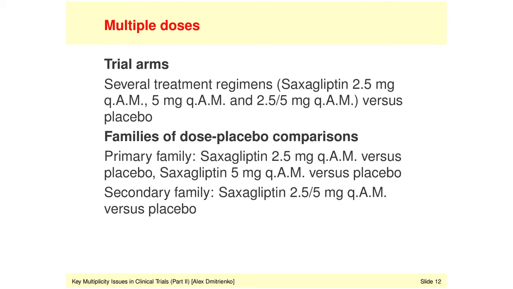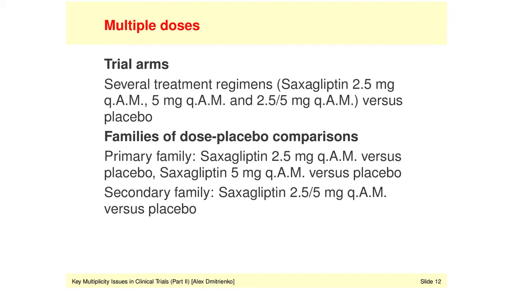Titration of saxagliptin, as you can see, from 2.5 milligrams to 5 milligrams, denoted on the slide by 2.5/5. This was the last treatment arm, and in general, data on titration plays an important role in developing potentially more effective tailoring treatment regimens for patients with type 2 diabetes.